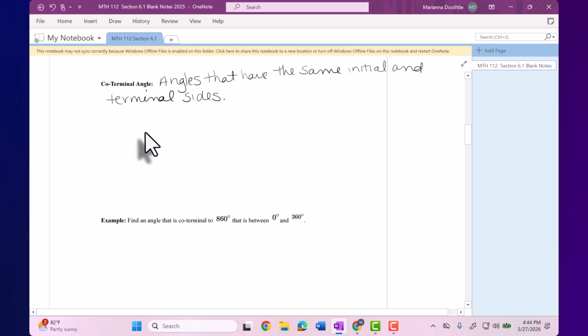I'm going to draw an example of that. I'm going to start drawing our angles on the XY coordinate plane. It'll make it easier when we're doing some of our work.